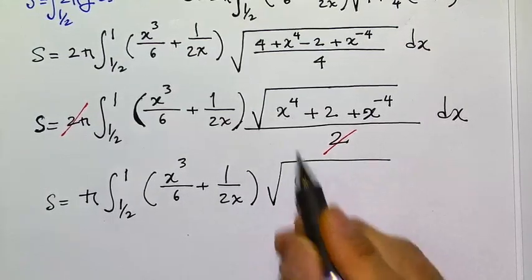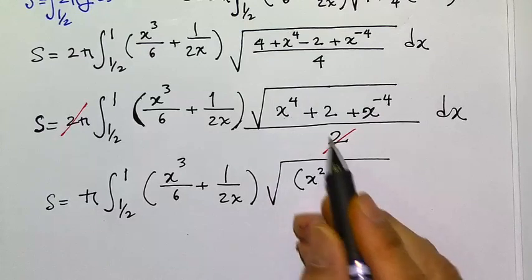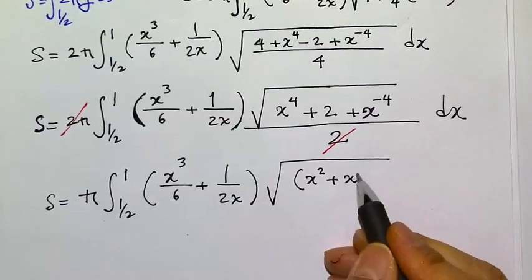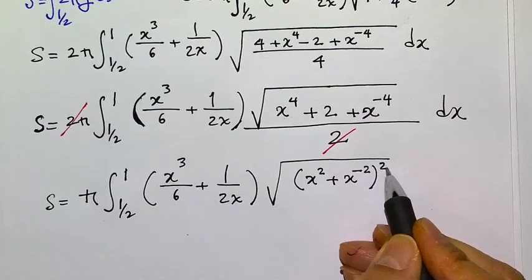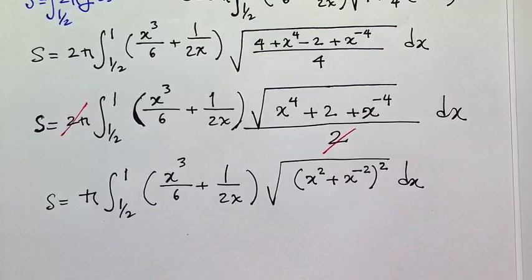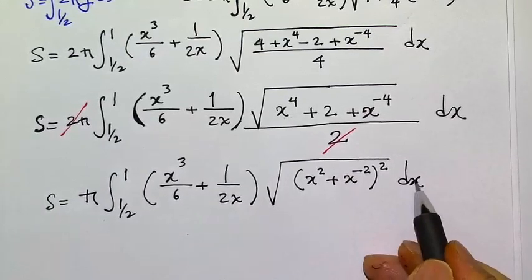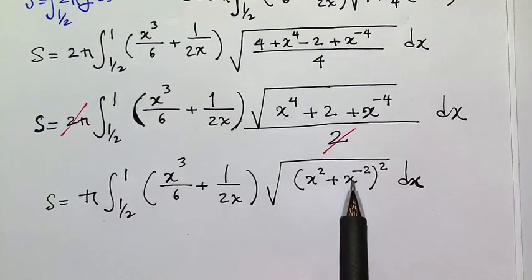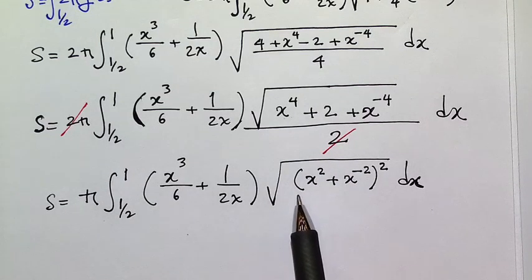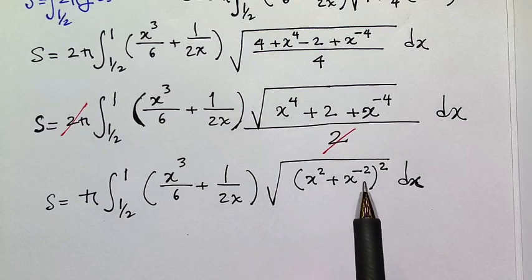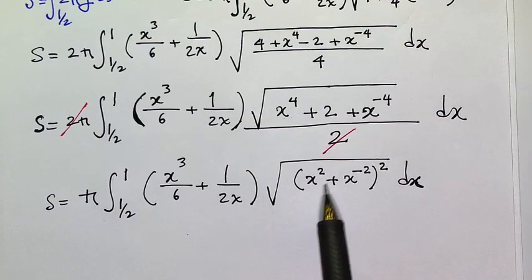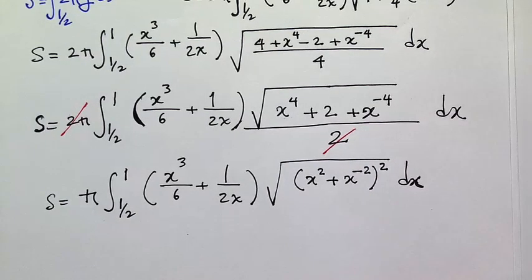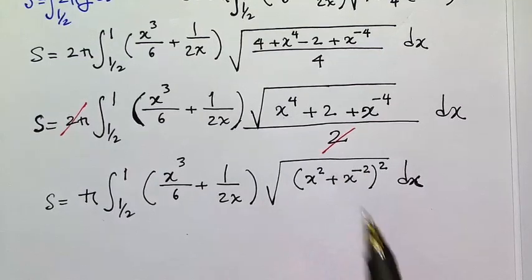And this would be x squared, and everything is positive, so plus this one would be x to the minus 2 power squared dx. Okay, so if you expand this, this times that would be just 1 because of the powers, and then 1 times 2 would give us the middle term here, and then the third term from there. Okay, so this simplifies that expression.